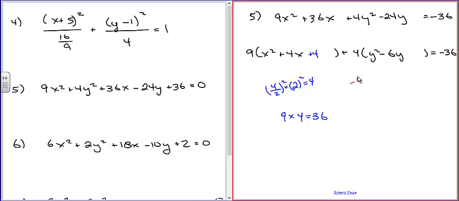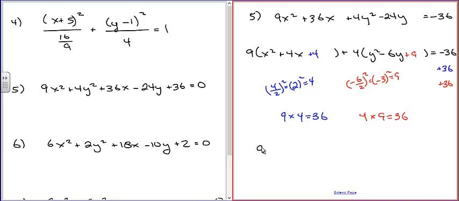Here we take negative 6 divided by 2, which is negative 3. Gotta square it. Negative 3 squared is equal to 9. So we add 9. But we're really adding 36 again. So add 36 to each one of these.